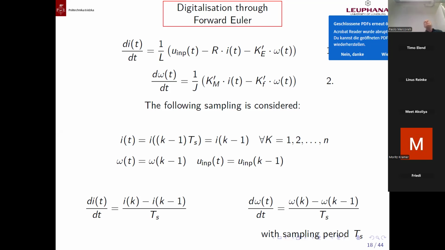Let me explain better. The time always changes continuously, because otherwise it doesn't make sense. But the function which depends on the time, in the continuous representation, changes over time continuously. For instance, here the current.